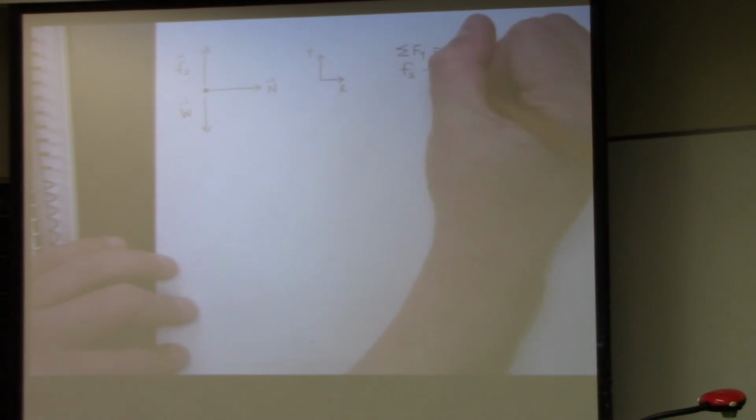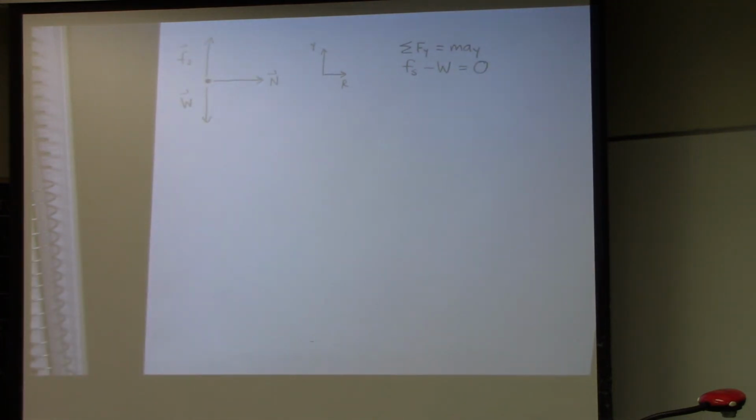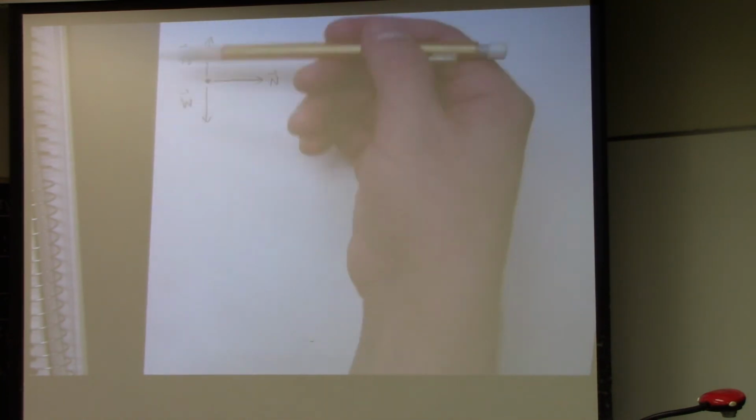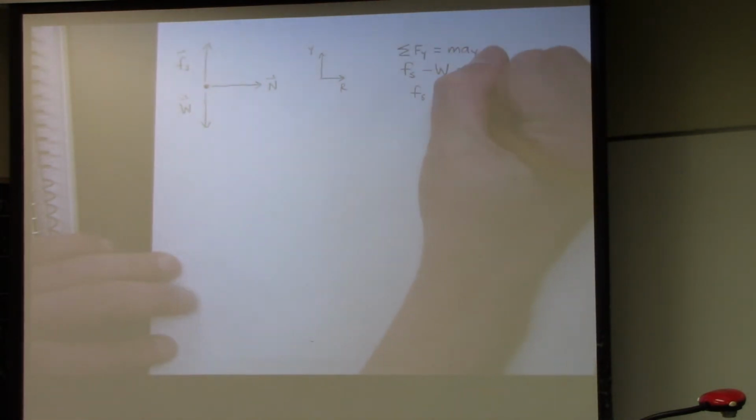And we have the weight going straight down, which gets a negative sign. What does that equal? 0, because ideally there's not going to be any acceleration in the y direction. We don't want it to slide down the wall, or slide up the wall, for that matter. So static friction equals the weight, equals mg.